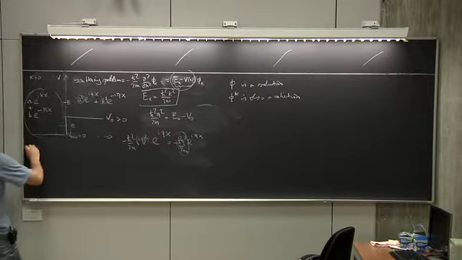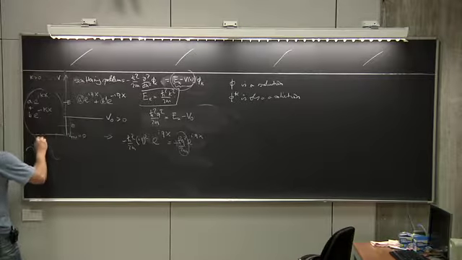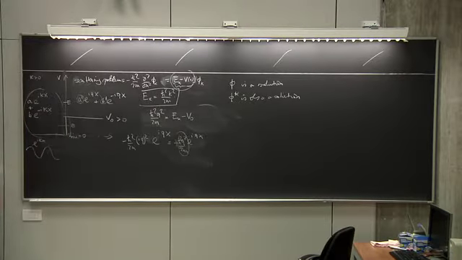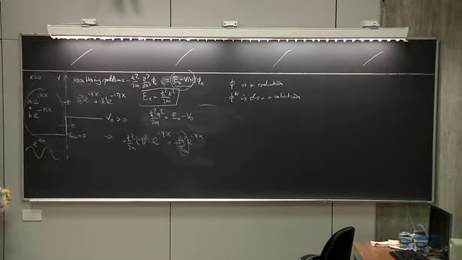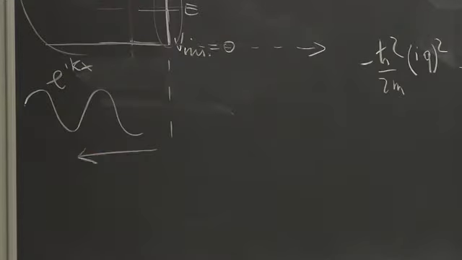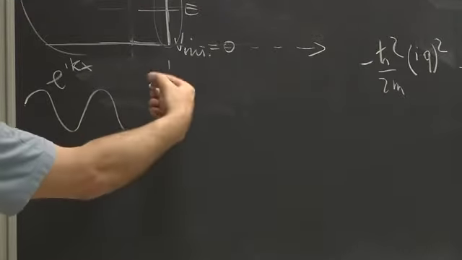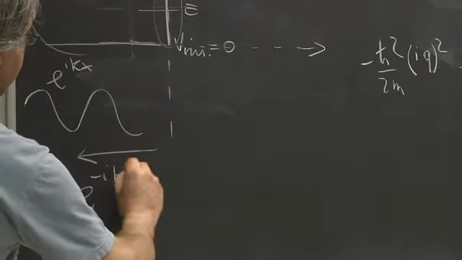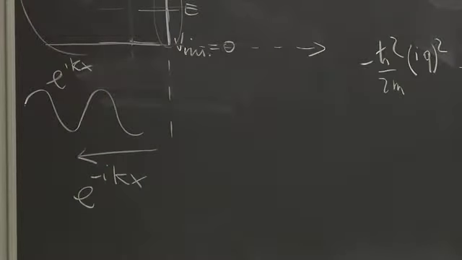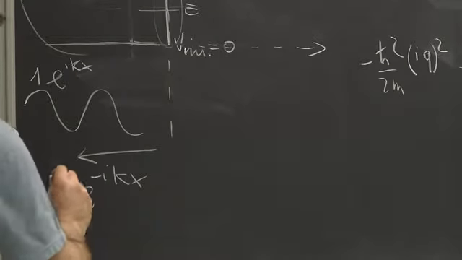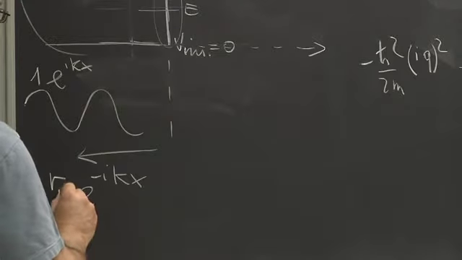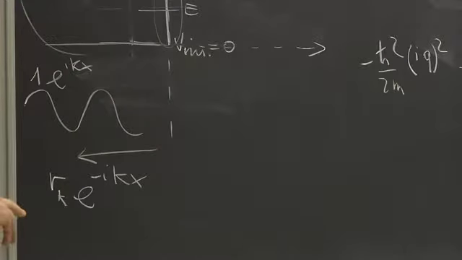A wave e to the ikx impinges from the left on the scattering step, and a certain wave is reflected back. The wave reflected back will have the e to the minus ikx form, and I select this to be with coefficient 1, and this with coefficient r of k. R will stand for the reflected part of the wave.